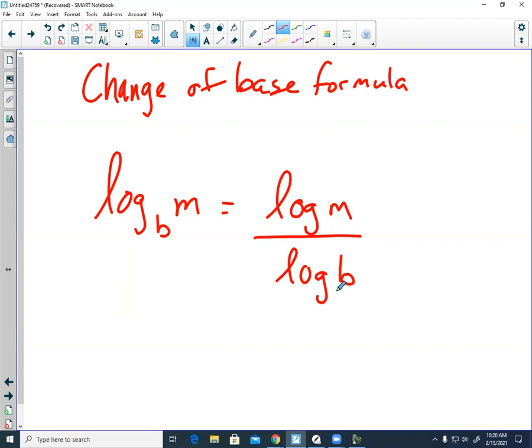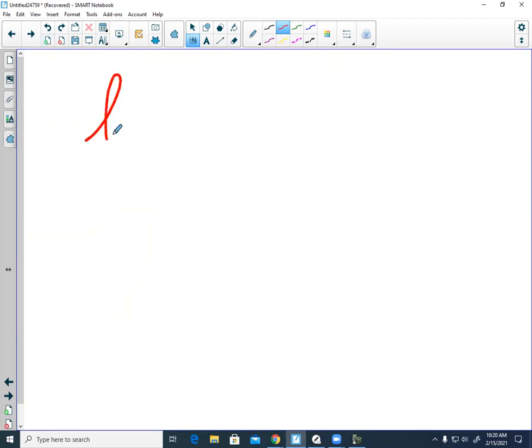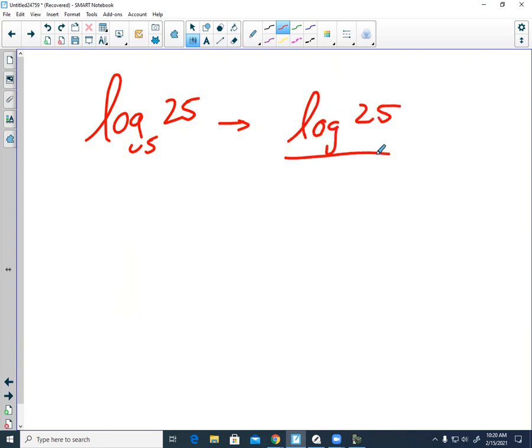So what this looks like is, if I asked you to find log base 5 of 25, then what you're going to do is log of 25 divided by log of 5. Now be really careful with this, because if you are not using parentheses appropriately, or not putting things in order of operations correctly, you're going to end up getting bad answers.